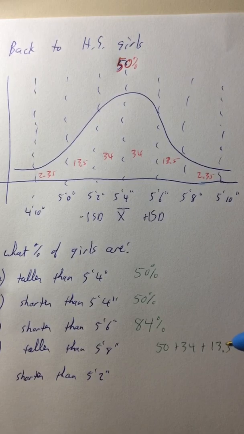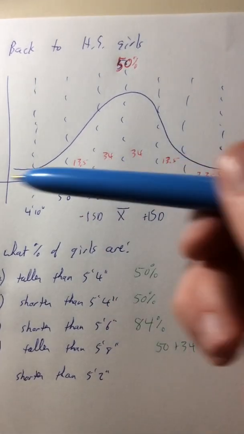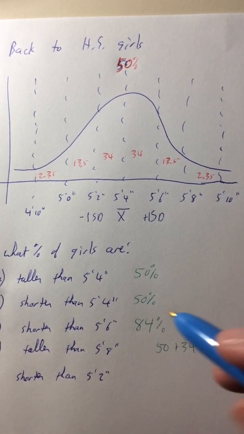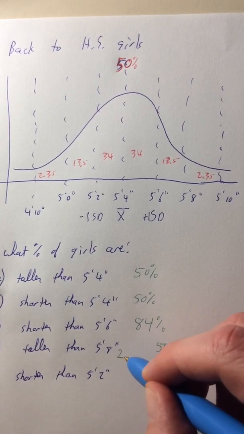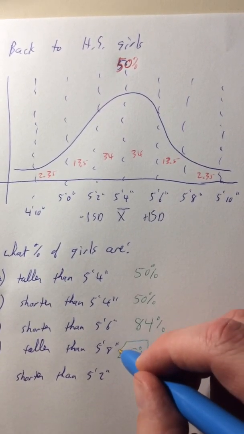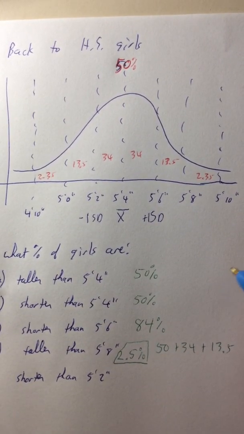So 97.5% of the girls are shorter, right, because it's left, less than that. So 97.5% of the girls are shorter than that. That leaves 2.5% of the girls that are taller. 2.5% of the girls are taller than 5'8". Not so many, not a big percentage.